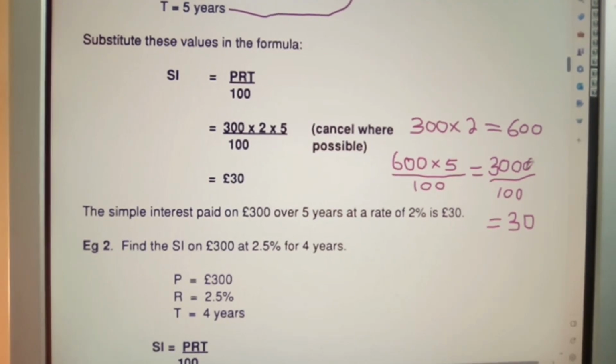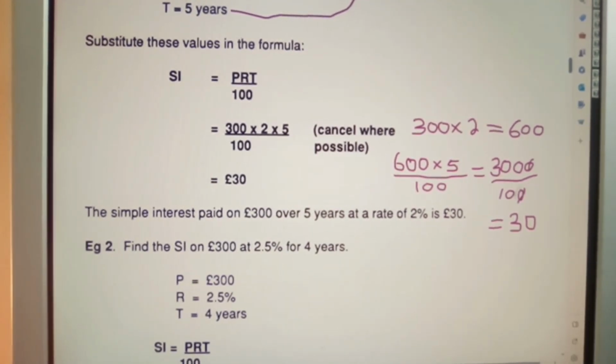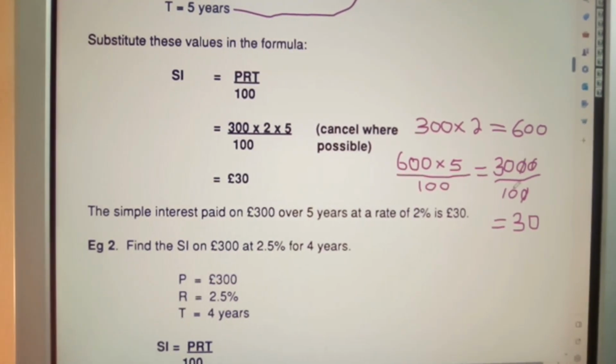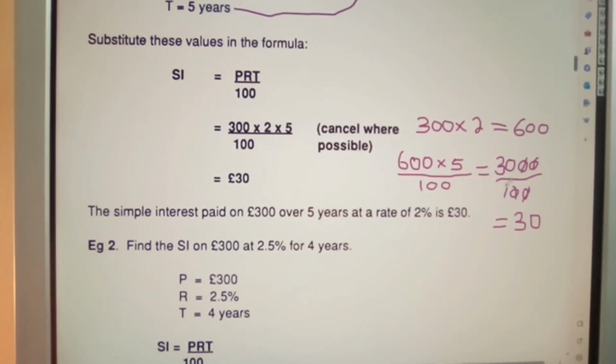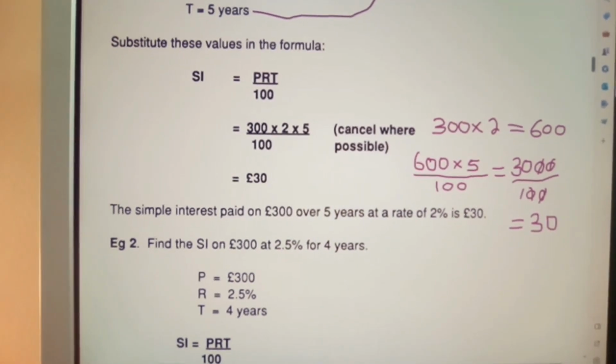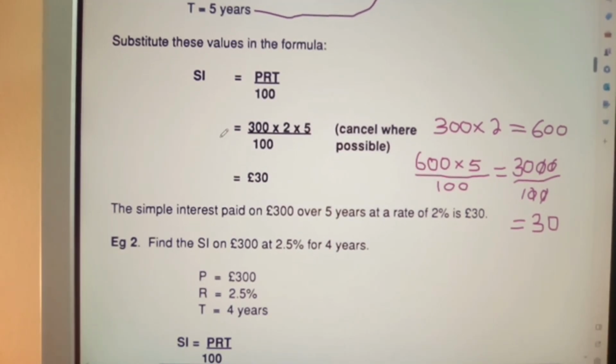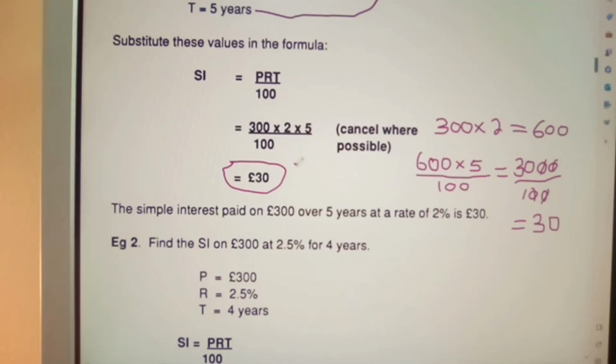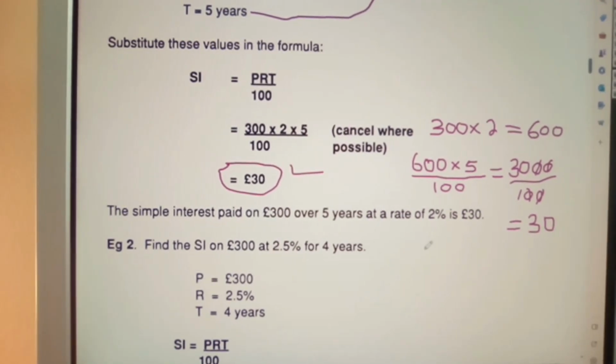That cancels out, that cancels out, that cancels out, and that cancels out, and leaves you with 30. And that answer we know now is correct.